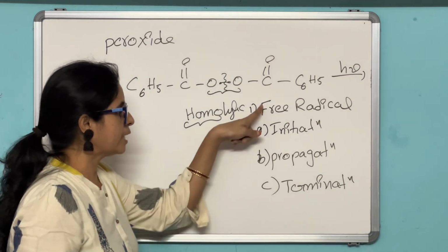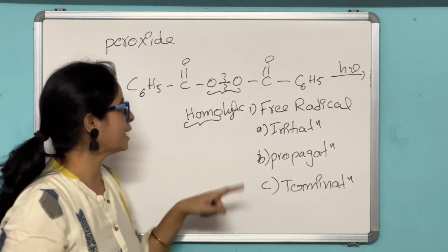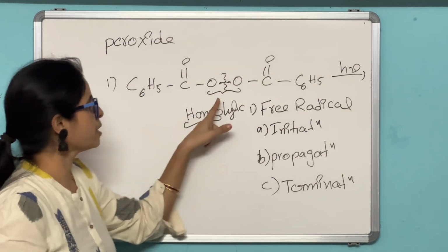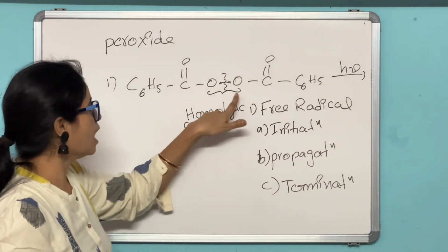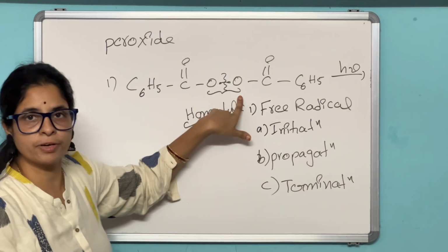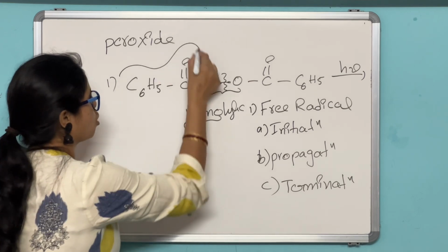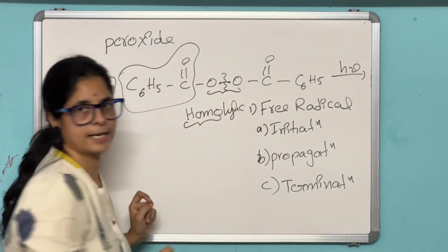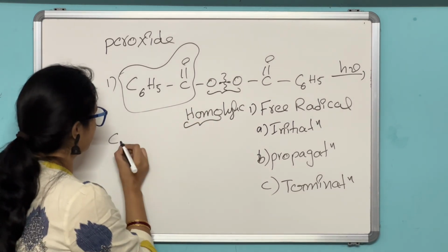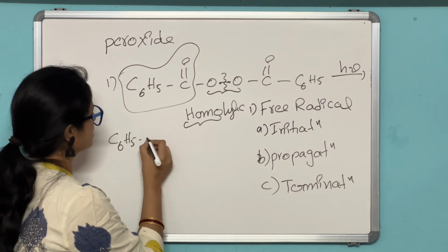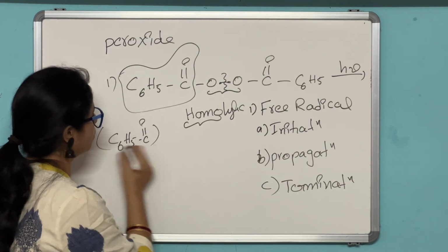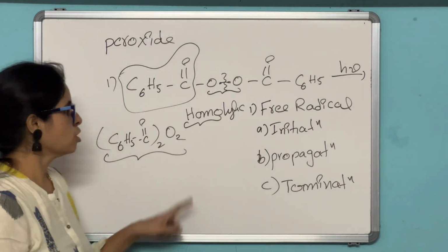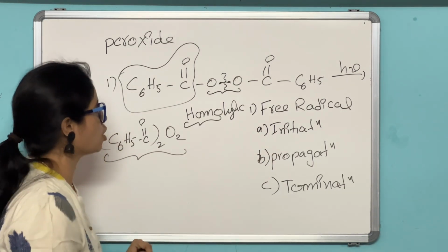So while it is proceeding through the free radical mechanism, the first step is initiation, formation of a free radical. So here it is the example for the peroxide. It is the benzoyl group C6H5CO, benzoyl peroxide. It can be written on the arrow mark as C6H5 C double bond O, taken twice, O2. This is benzoyl peroxide. So first step, initiation, it is the homolytic cleavage.